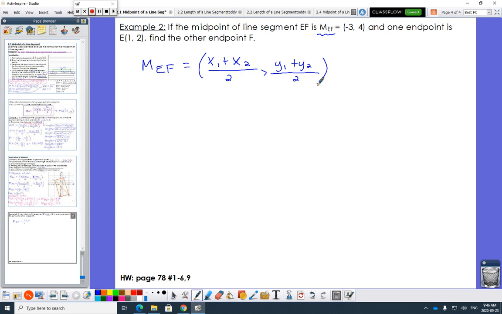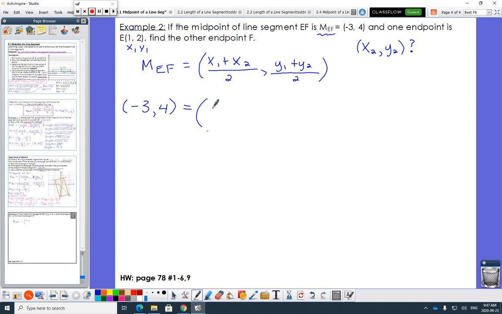So we have the midpoint and we have X1 and Y1, okay? So we are looking for X2 and Y2. Because of the notation, it's a little bit weird how you solve this, okay? So I'm just going to plug in what we know. We know the midpoint, that goes over here.